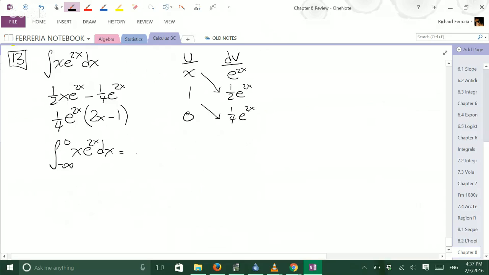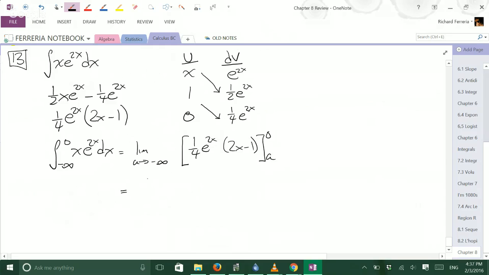That's going to be the limit as a approaches negative infinity of 1/4 e to the 2x (2x minus 1) from a to 0. Substitute 0, I get e to the 0 is 1. 2 times 0 minus 1 is negative 1.